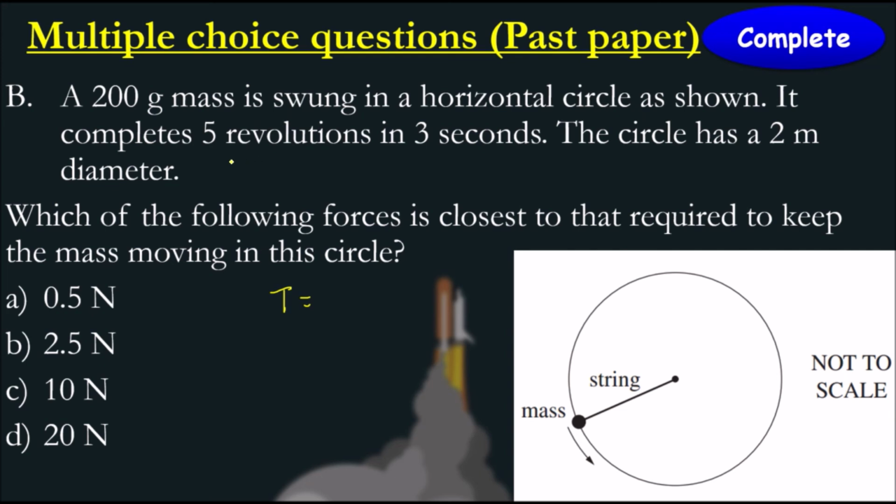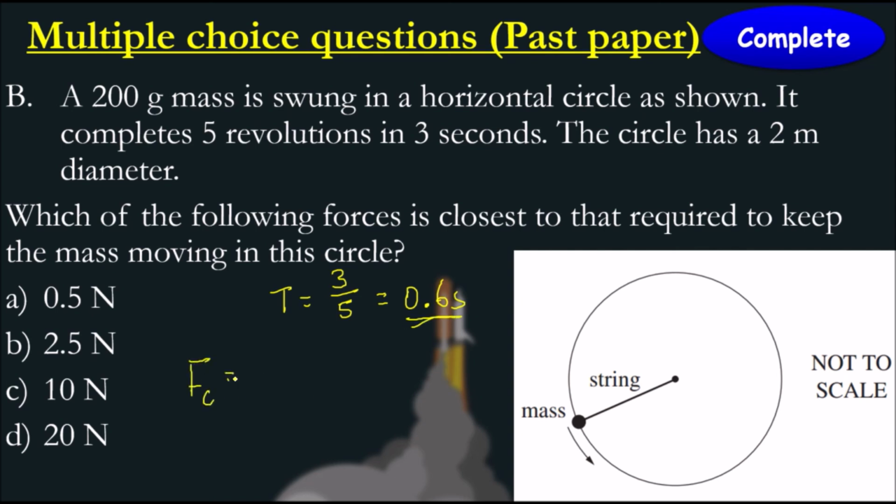I know that there are 5 revolutions in 3 seconds, so 3 seconds divided by 5 revolutions is 0.6 seconds for one revolution.